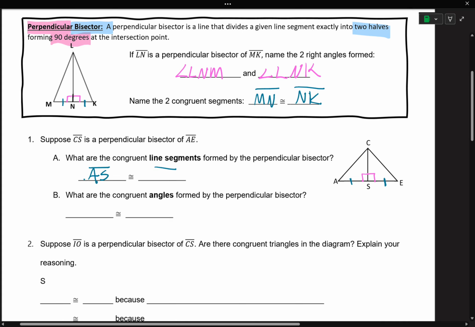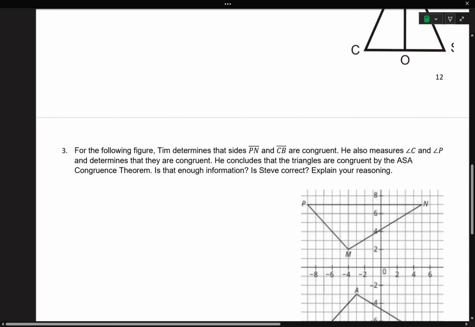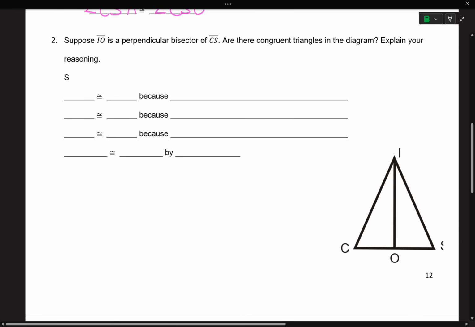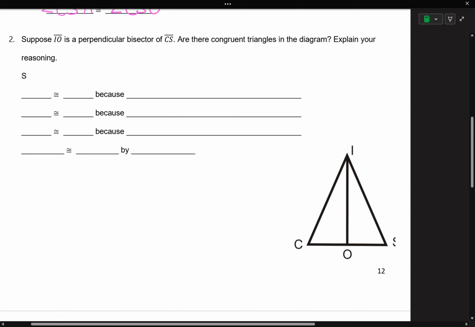AS congruent to SE. The congruent angles are angle CSA and angle CSE. Oh, I don't know what I did there, but that's a huge picture.